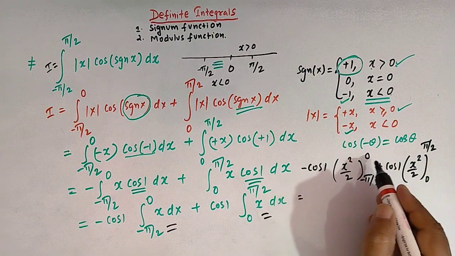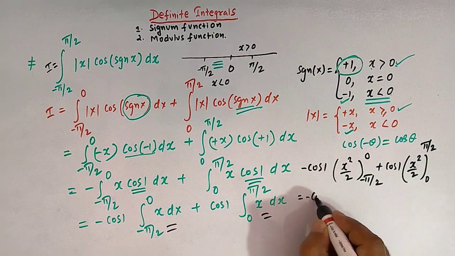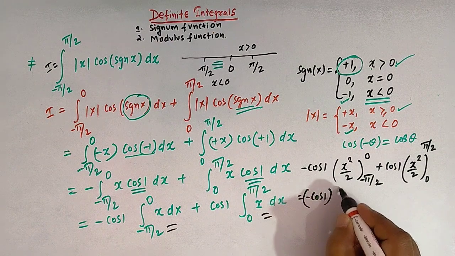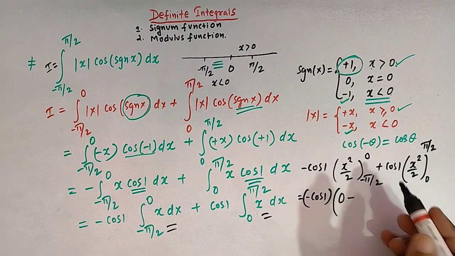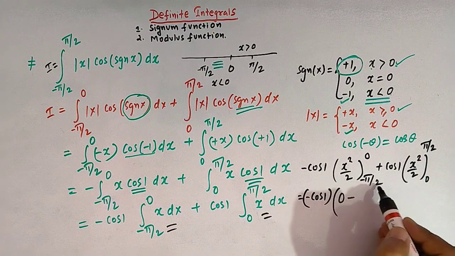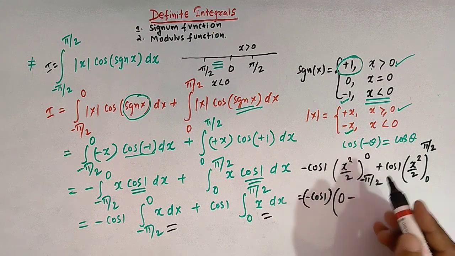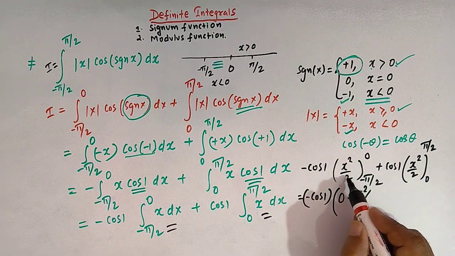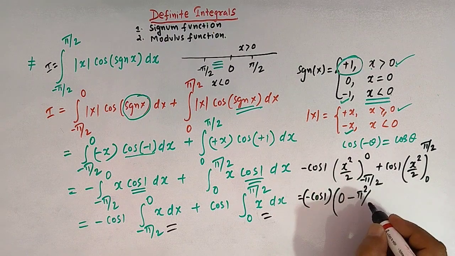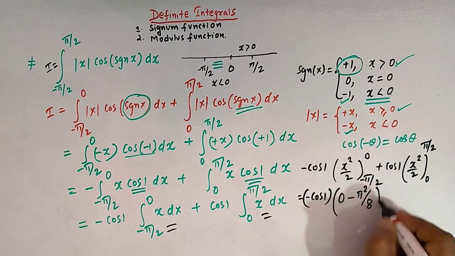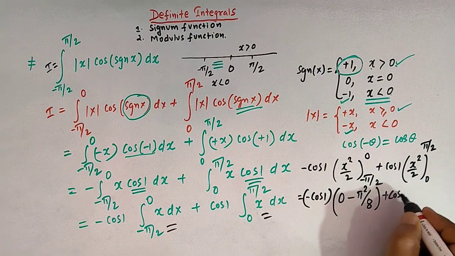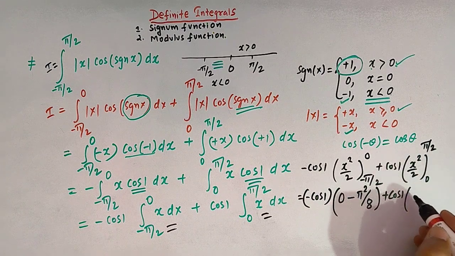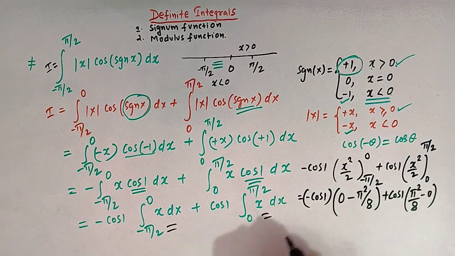So now we can simply substitute the limits. So we have minus cos 1 here, and here we have 0 minus, and when we take minus pi by 2 for x, then we'll have pi square over 4, and that 4 will be multiplied with this 2, so we have 8 here, right? And here we have cos 1, and similarly here we have pi square over 8 minus 0, right?